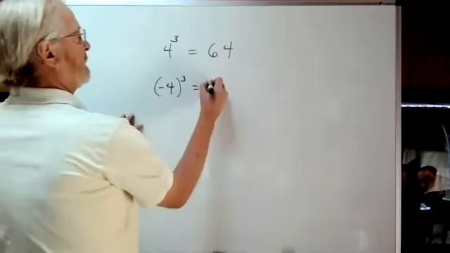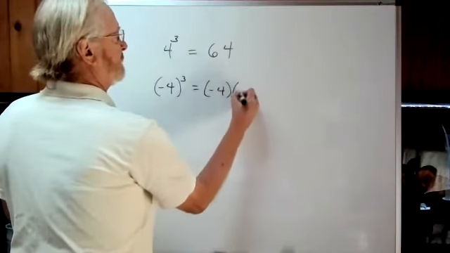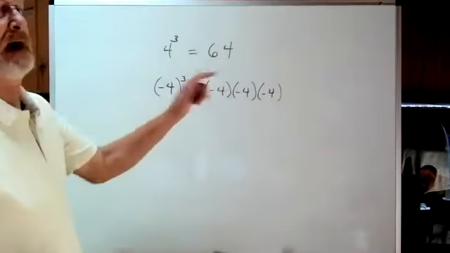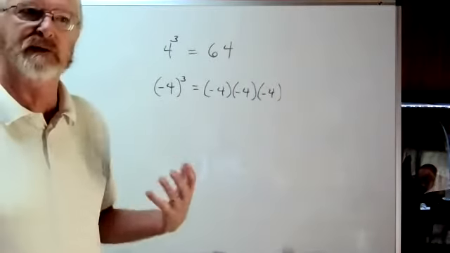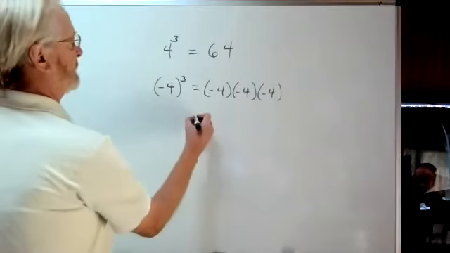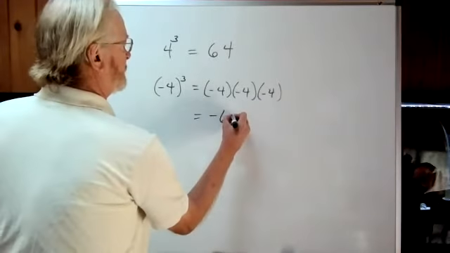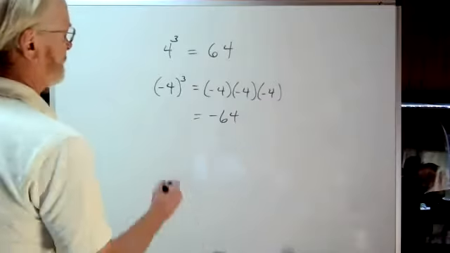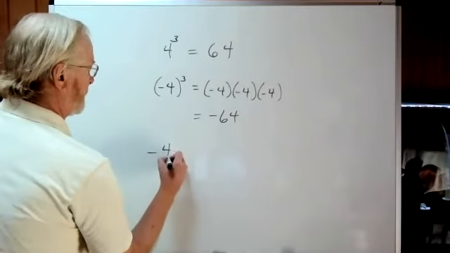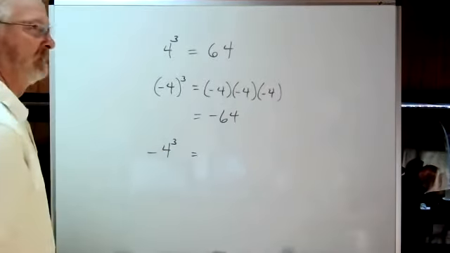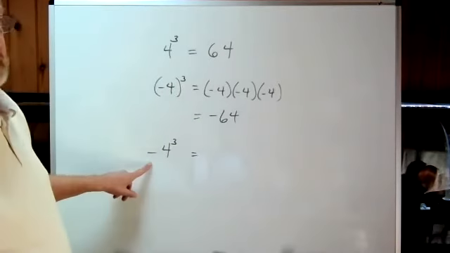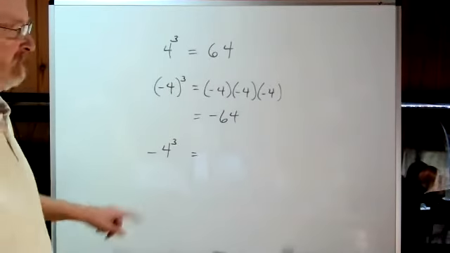That means I have -4 multiplied times itself 3 times. I have an odd number of negative signs there, so that's going to be a negative number. That one is -64. If I write the negative or opposite of 4 cubed, I get the same number, because it's just saying take this 64 and make it opposite, make it negative.